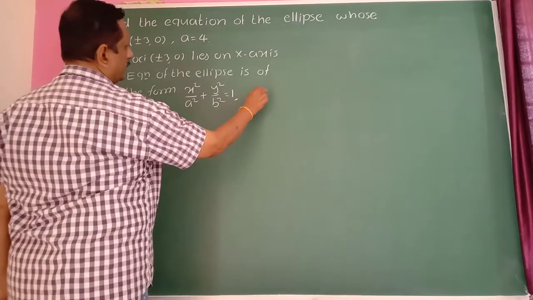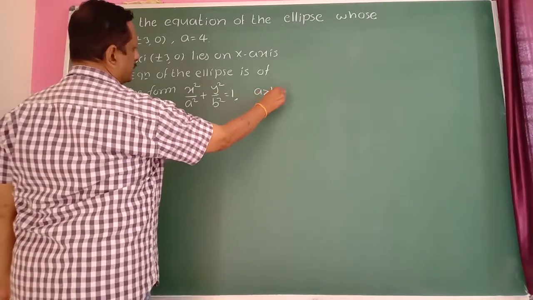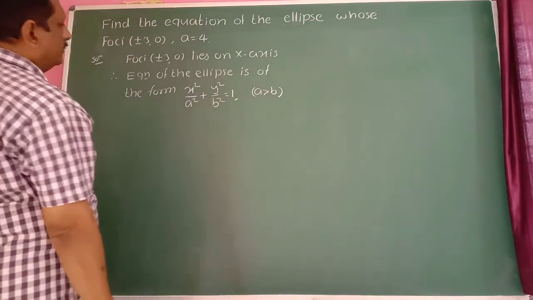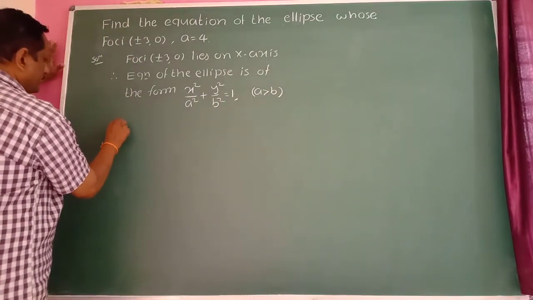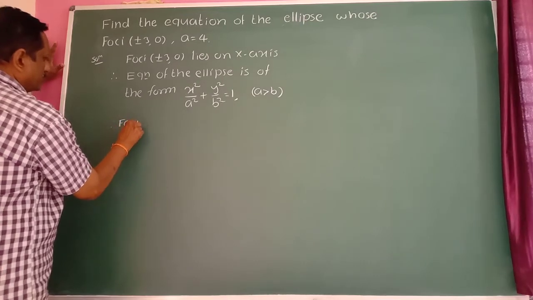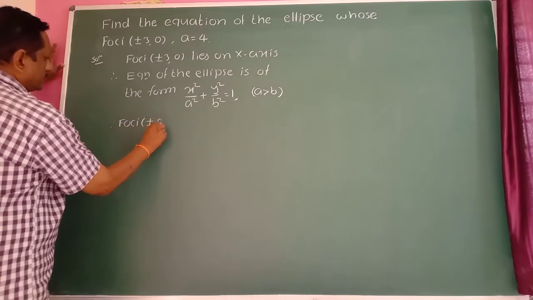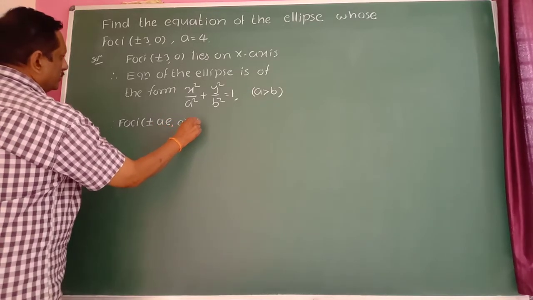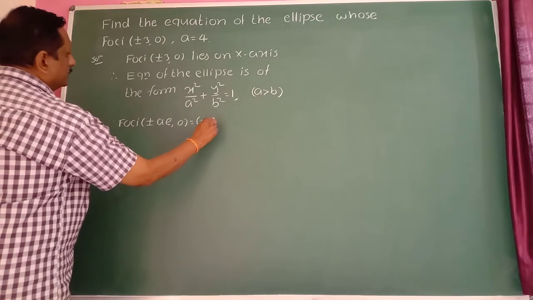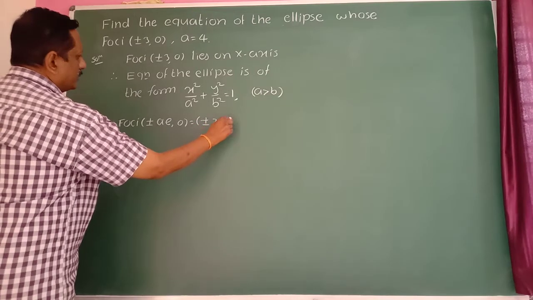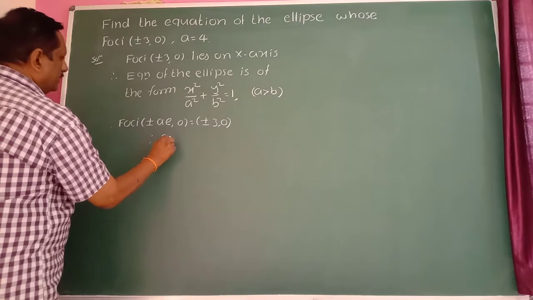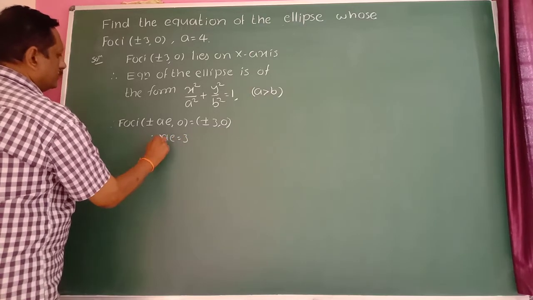Here a is greater than b. Therefore, foci in this case, plus or minus a into e comma 0 is equal to plus or minus 3, 0. Therefore, here a into e is equal to 3.